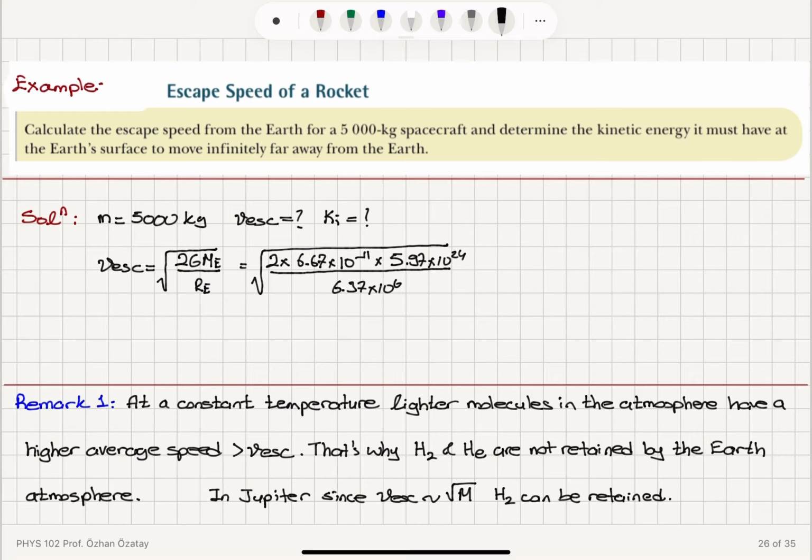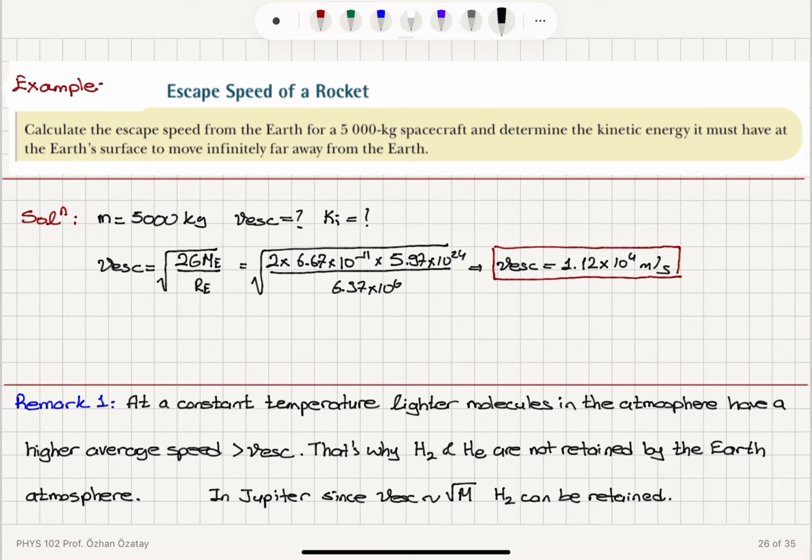This gives us an escape speed from the Earth, which is, if you notice, independent of the mass of the spacecraft, of 1.12 times 10 to 4 meters per second. So that's the minimum speed we must have to escape from the Earth.